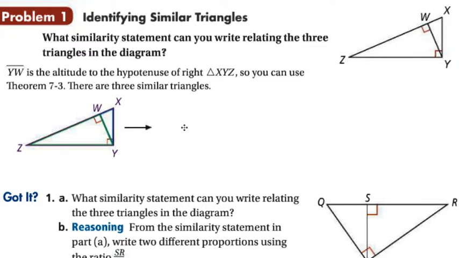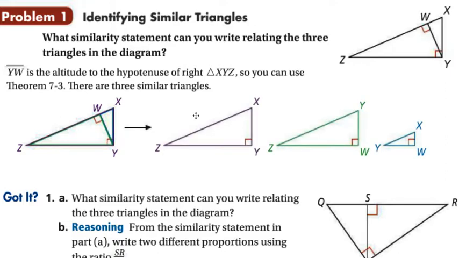So it's always helpful to go ahead and try to draw those so that they're oriented the same way. All 3 triangles are oriented the same way. That makes it much easier to write our triangle similarity statements. So we can see that triangle XYZ is similar to YWZ, which is similar to XWY.